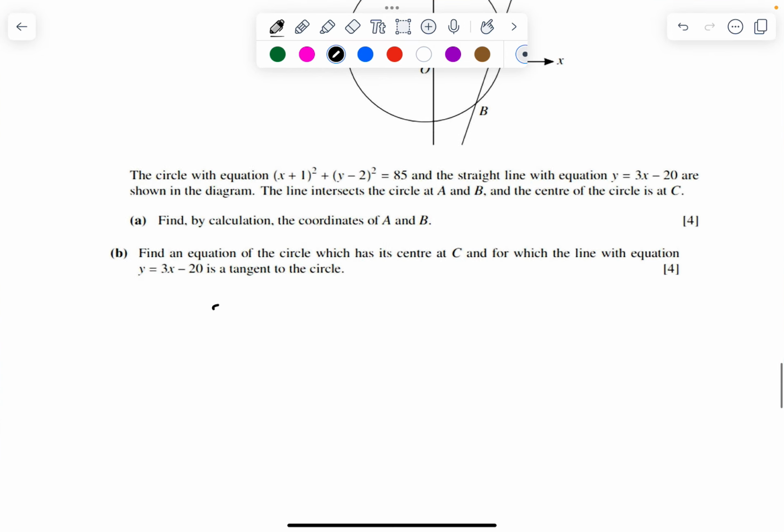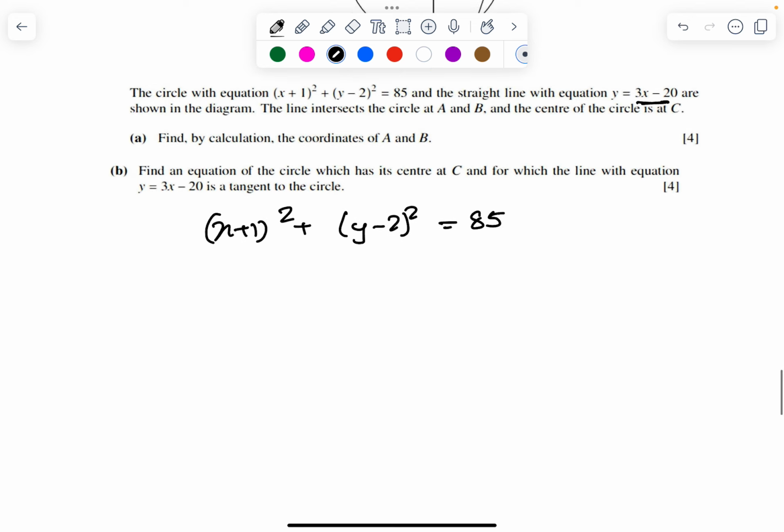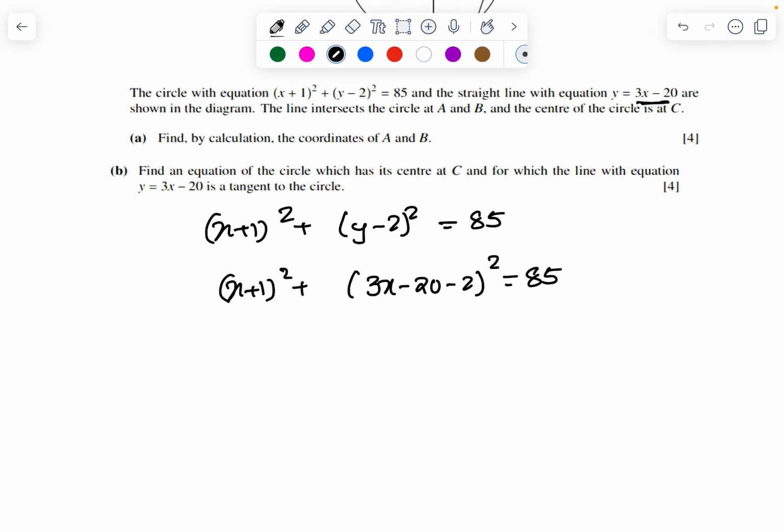So (x plus 1) whole square plus (y minus 2) whole square equals 85. But y is 3x minus 20. So it becomes (x plus 1) whole square plus (3x minus 20 minus 2) whole square equals 85.